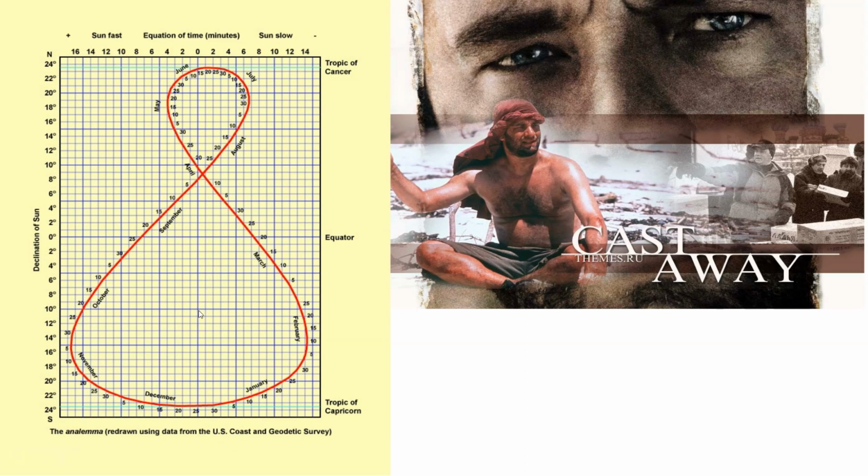If you're talking December 22nd, it's about right in here, and what you will notice is on the left-hand side of the graph, you have 0 degrees, which is the equator, 23.5 north, 23.5 south.